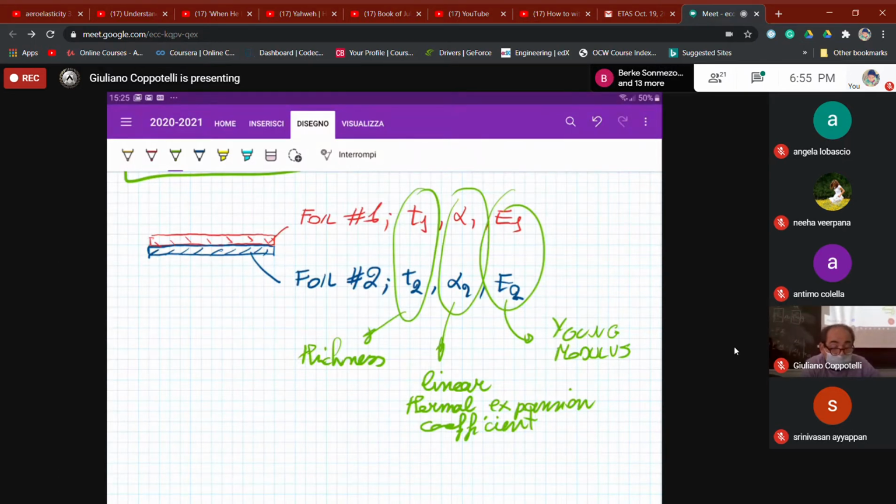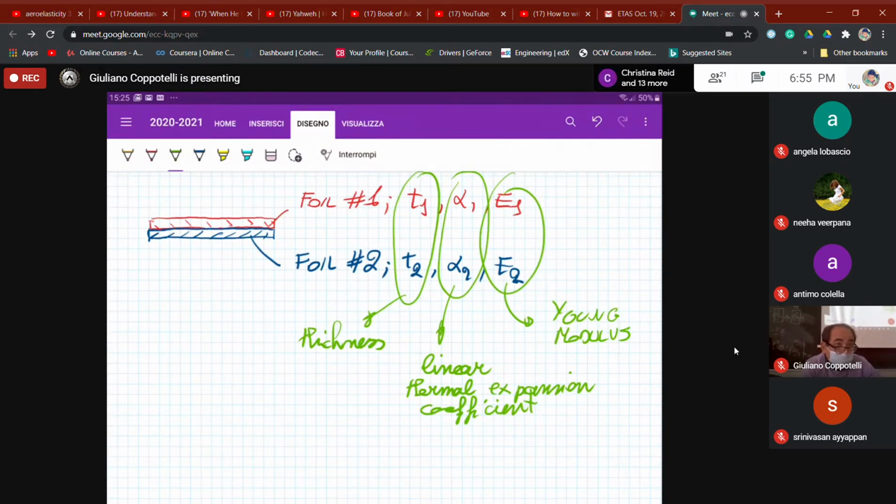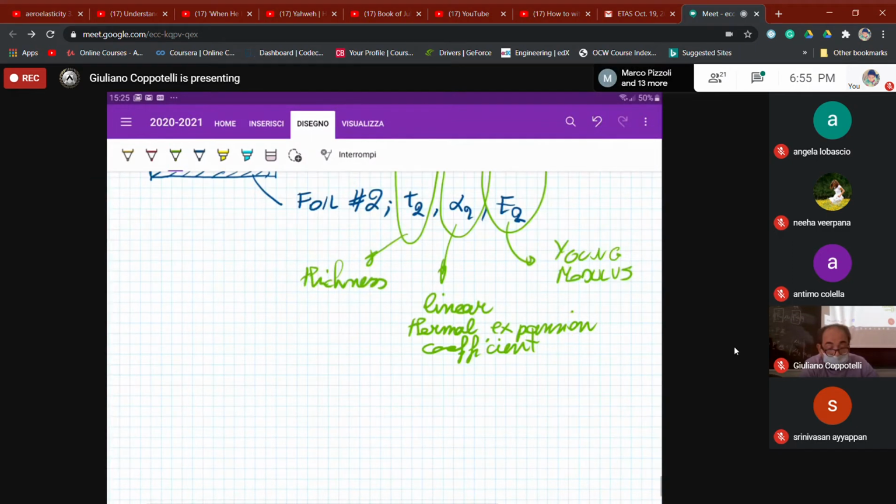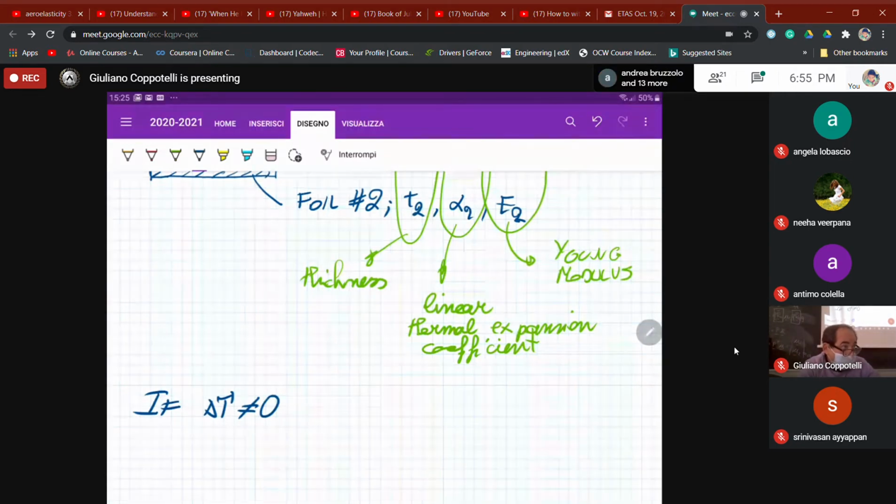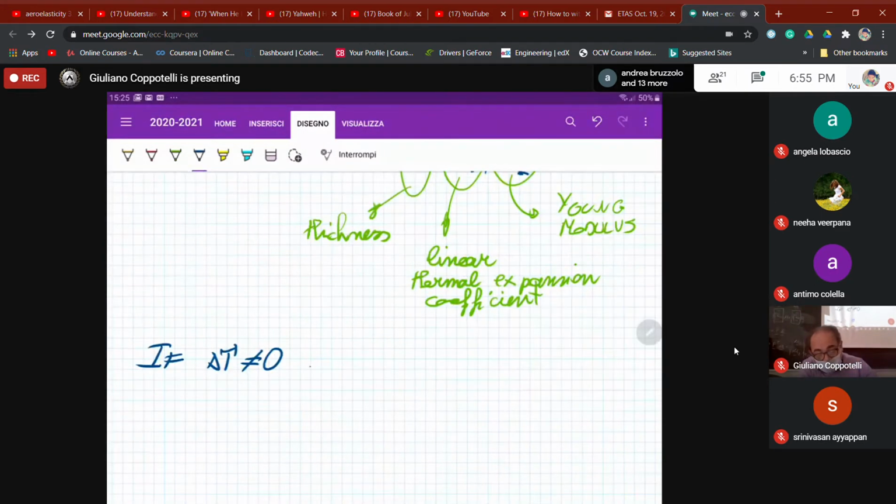It happens that because the Young modulus, because the linear thermal expansion coefficients, because of the thickness, these bimetal thermometers start bending. Okay, so for example, if there is a change of temperature with respect to the reference one, the one that you consider manufacturing that bimetal thermometer, the metal thermometer is doing something like that.